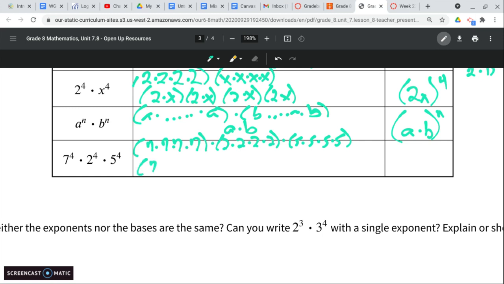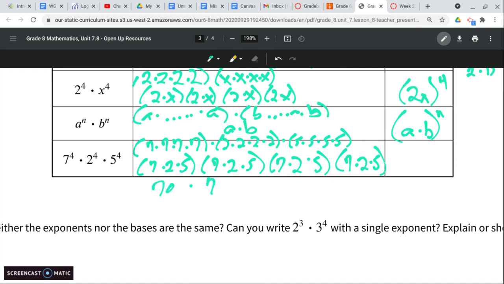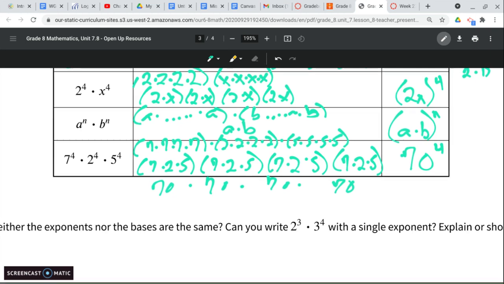So we'd have 7 times 2 times 5, 7 times 2 times 5, 7 times 2 times 5, 7 times 2 times 5. So we'd have all of those. So then we'd have 70 times 70 times 70 times 70, or 70 to the 4th power. So that would be how we'd represent those.